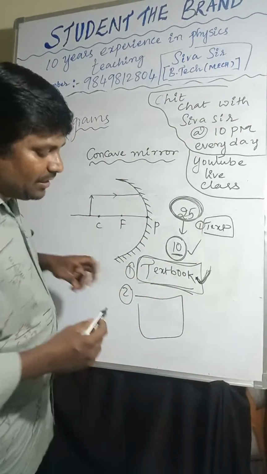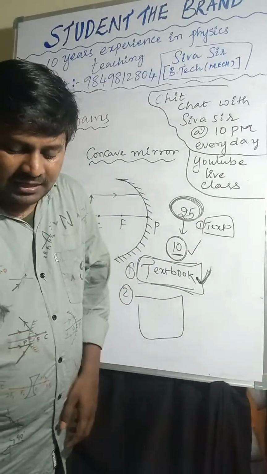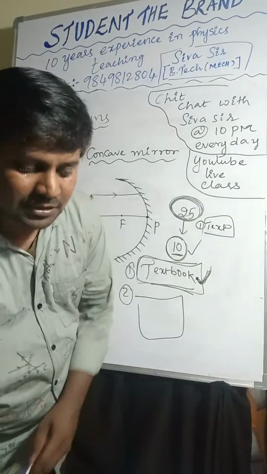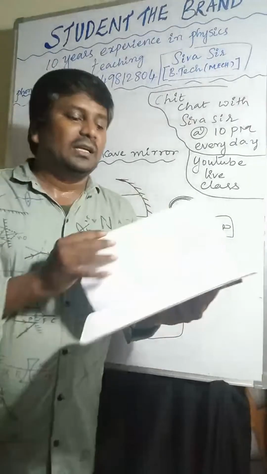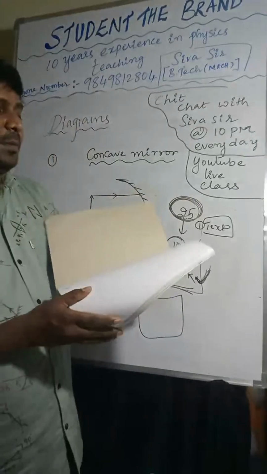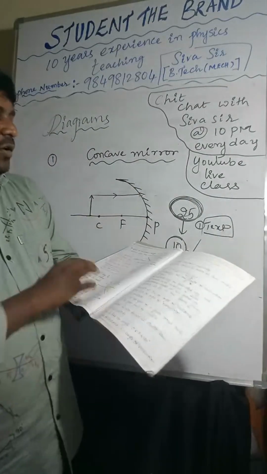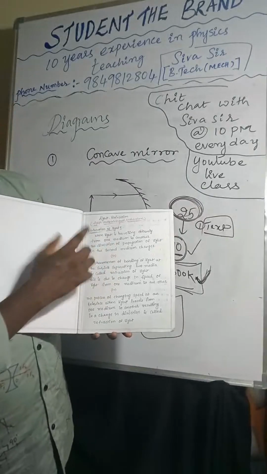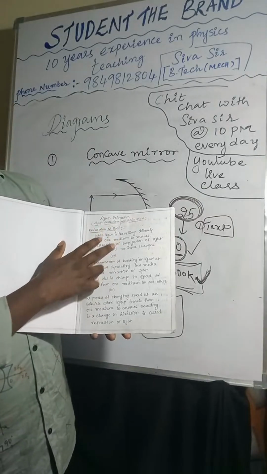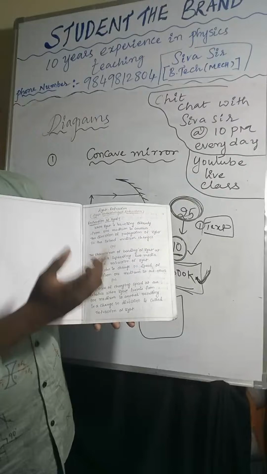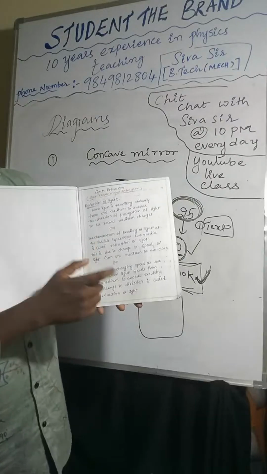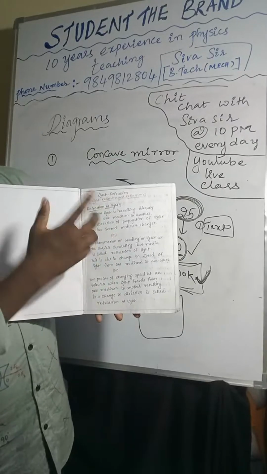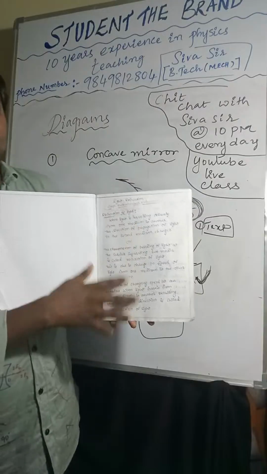I am telling you very clearly, I am saying many times, try to prepare your own notes. If you prepare like this, whenever I open, I can immediately understand, with which color I wrote the first definition, the second definition, the last definition. We can understand with the different colors if we write our own notes.